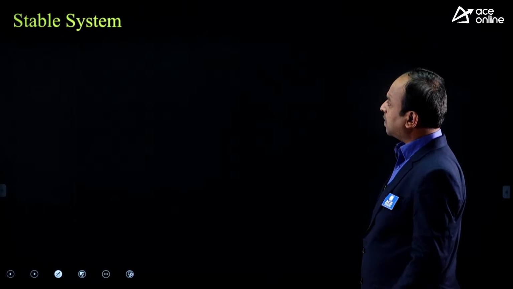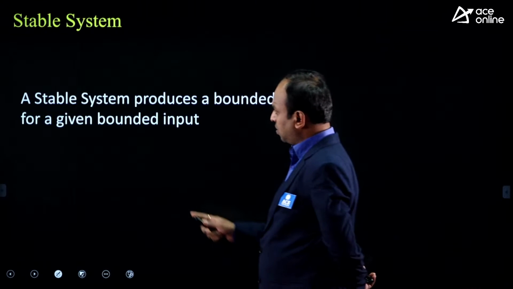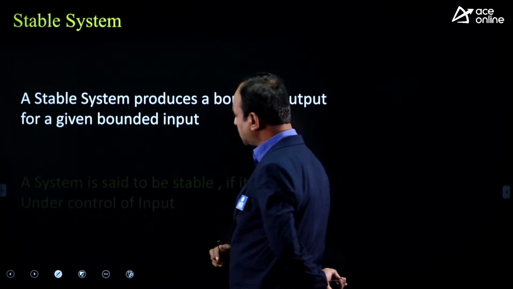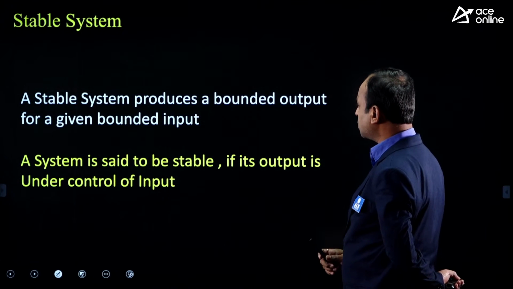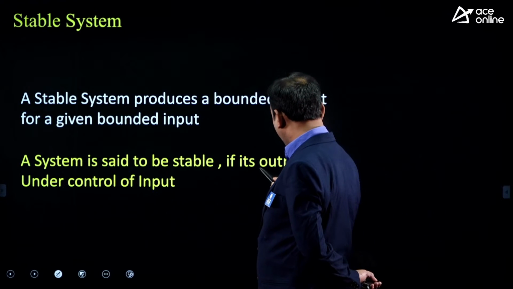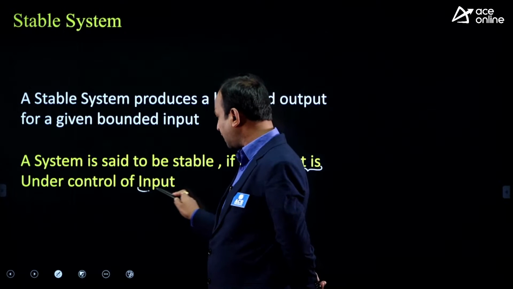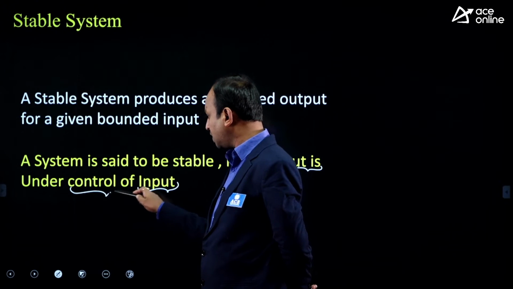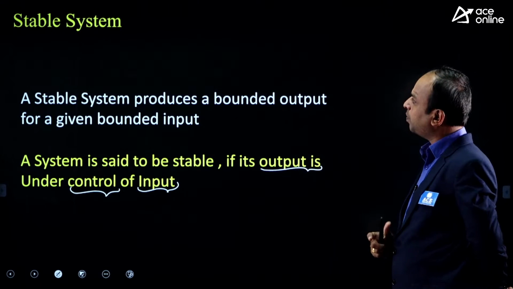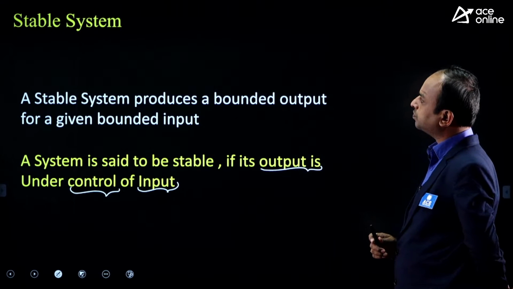A system is said to be stable if its output is under the control of the input. It is important: for a stable system, the output is under the control of the input.